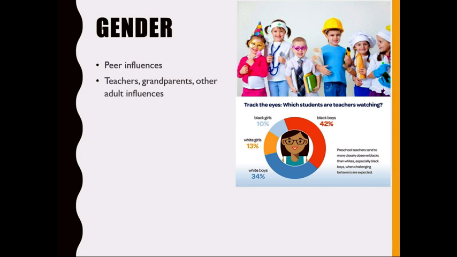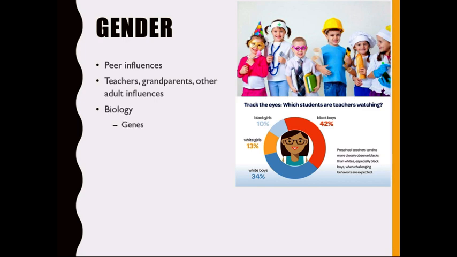Other adults, people that you just come into tangential contact with, will say things or do things or serve as role models that your child may internalize and you don't even really realize. And so 2 to 6-year-olds have lots of influences, their daycare provider, other sources that may be giving them messages about what boys should be doing and what girls should be doing. And that information all gets internalized into this psychological concept called gender.